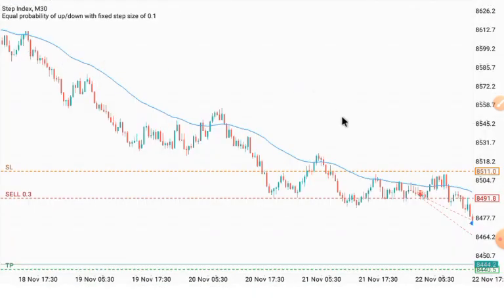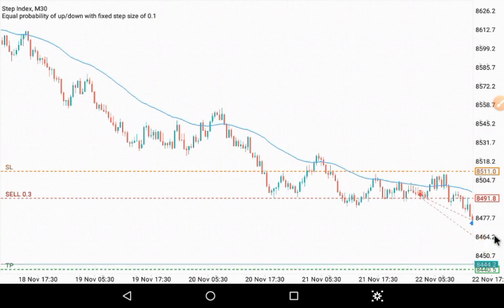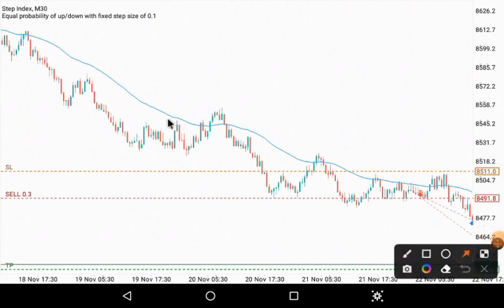It's very obvious for anybody who has eyes to see. As you can see, the order flow here is bearish because the direction of the price is downward. So we say the order flow is what? Bearish. That's why I also have my moving average.